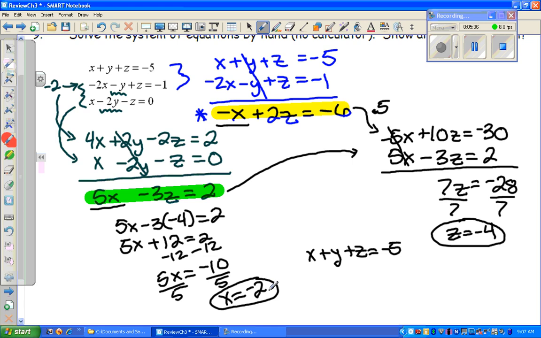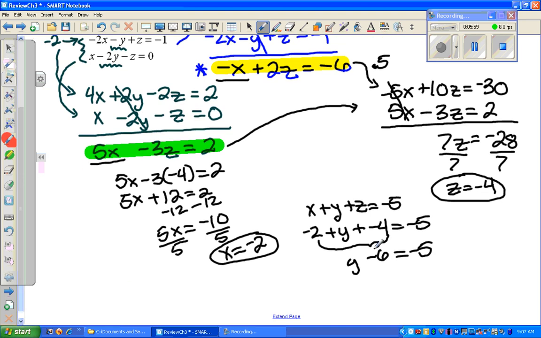And I need to replace the x with negative 2, and then replace the z with negative 4. So I'm going to combine my whole numbers here. Negative 2 and negative 4 is negative 6. I need to keep that y, equals negative 5. And then add 6, y equals 1.